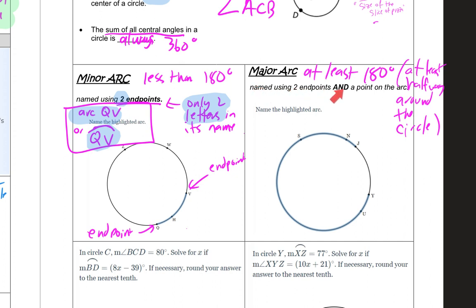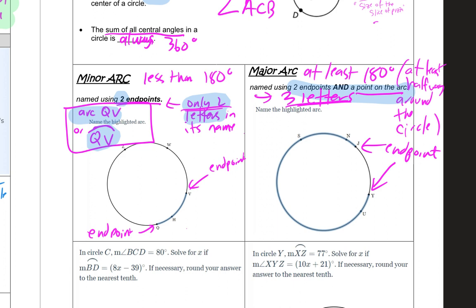It's named using the two endpoints and a point on the arc, so in other words, three letters. This one uses three letters, and the other one is two letters. J is an endpoint, and Y is also an endpoint. Then we can choose any point that's on there. I could choose U, S, or N as the third letter.